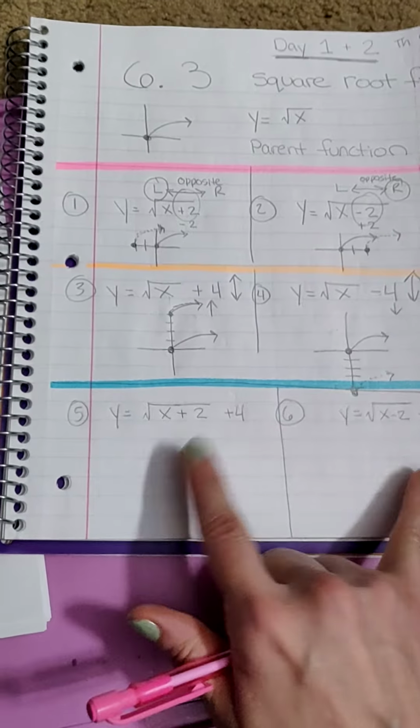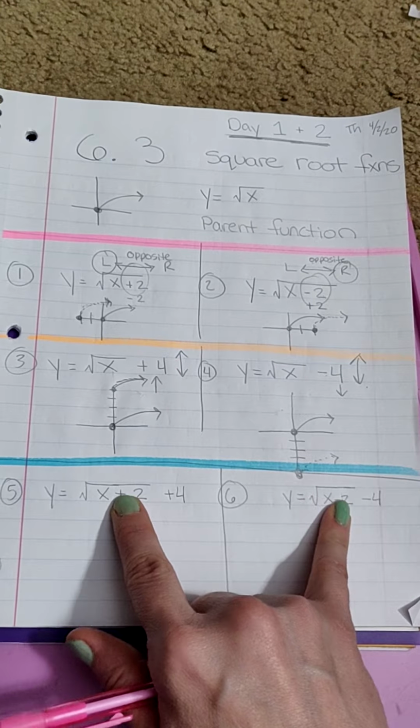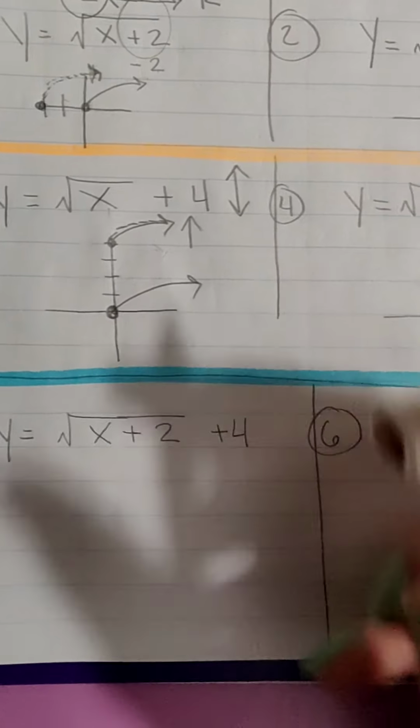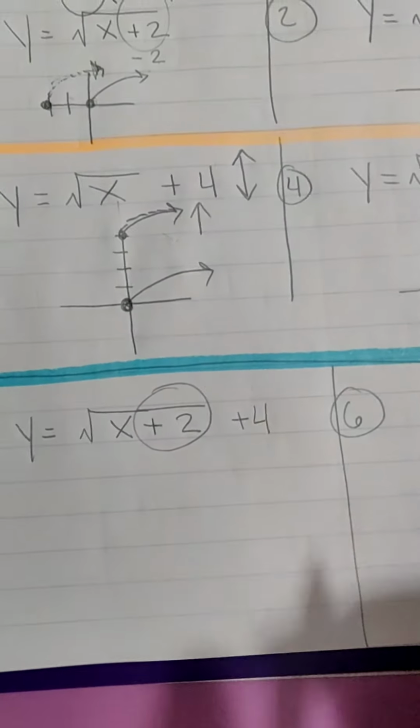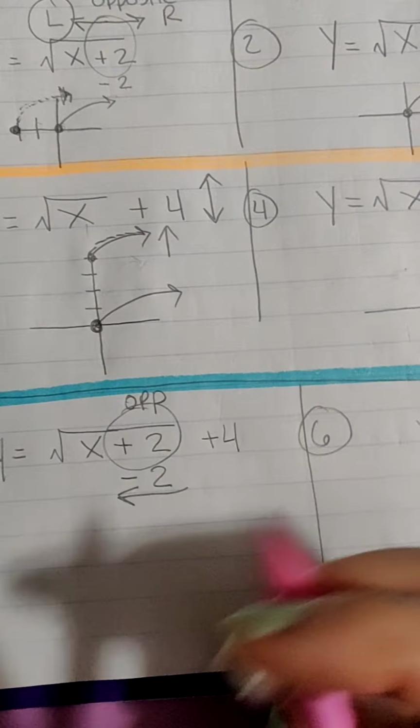All right? As I move down to these 2 problems here, now you'll notice you have a number under the square root and off to the side. So let's look at number 5 first. Since I have a positive 2 here, the opposite is a negative 2, and negative 2 travels left.